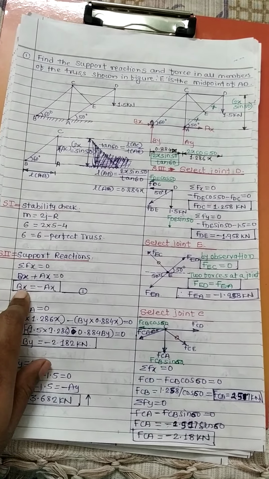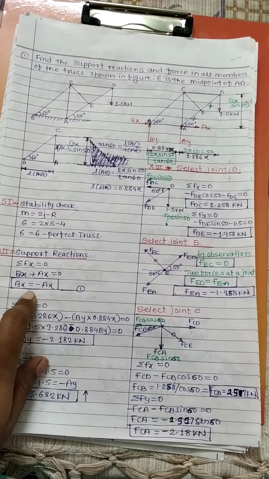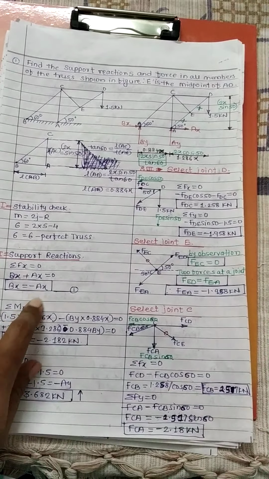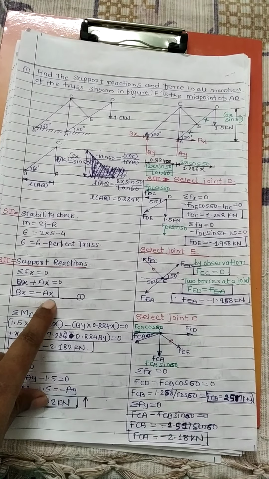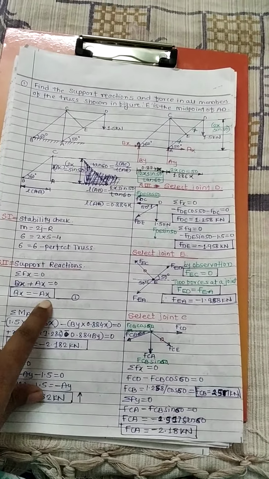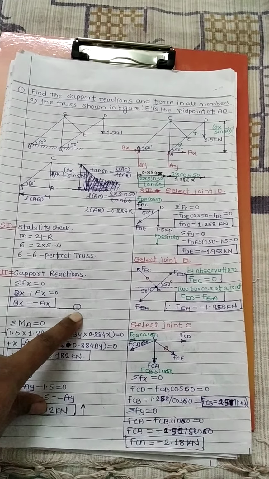In that, summation of Fx equals 0, Bx plus Ax equals 0, Bx equals minus Ax. So Bx has the same magnitude as Ax, but in the opposite direction. And I said that the unknown equation equals 1.